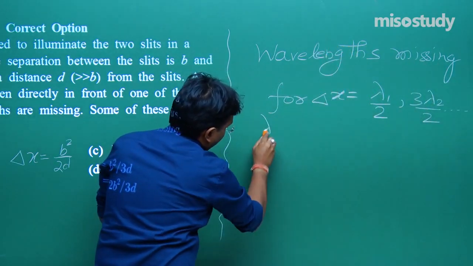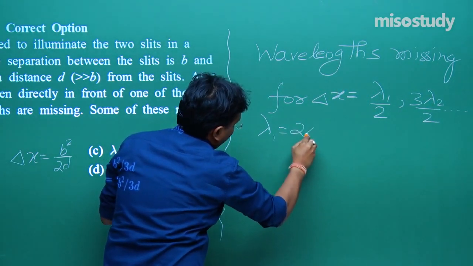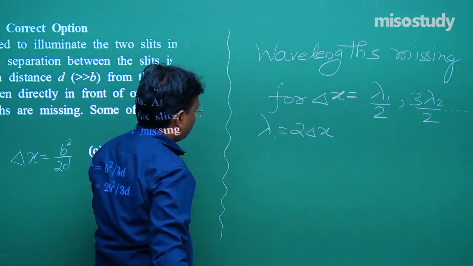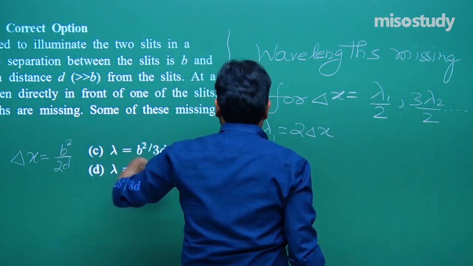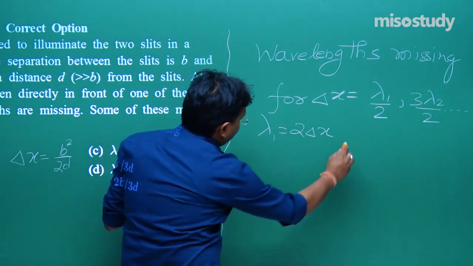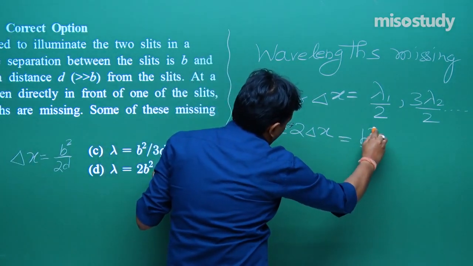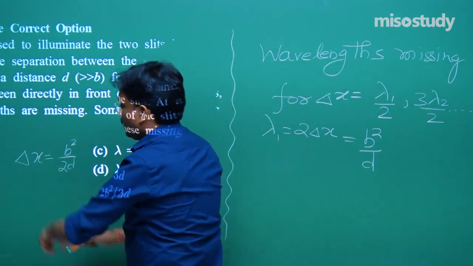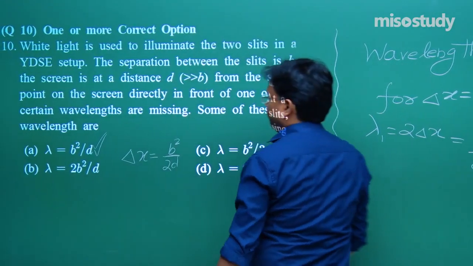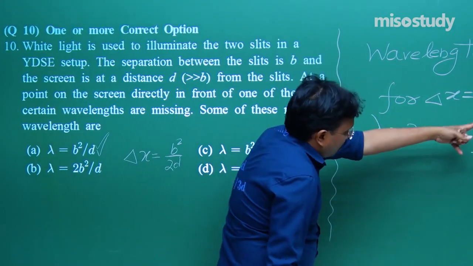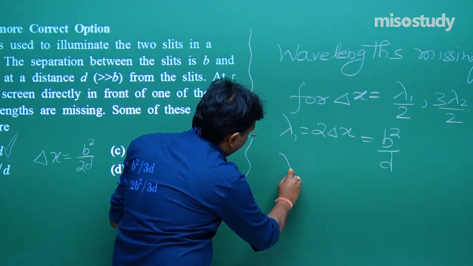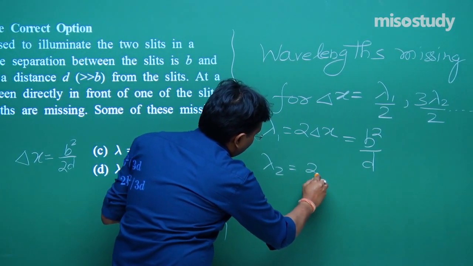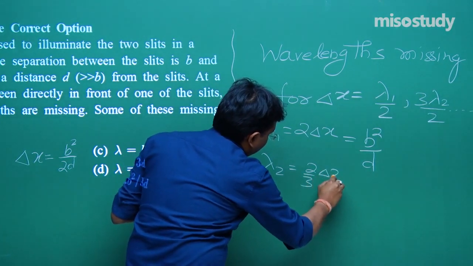Fine. So, lambda 1 is equal to twice delta x. Now, put the value of delta x over here. So, it will give you b square upon d. A is correct. Next is for lambda 2. Fine. So, lambda 2 is equal to 2 by 3 delta x.